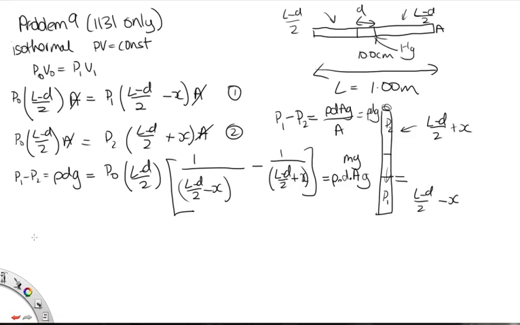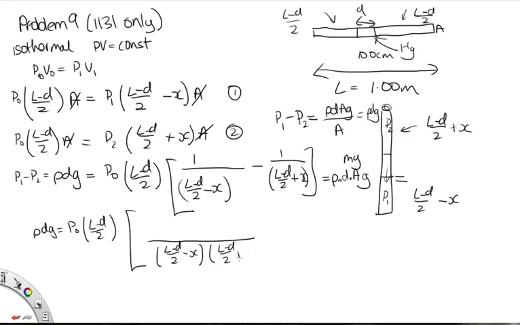Okay, so we've got rho dg is equal to P0 L minus D over 2. Now we want to solve this. Let's put a common denominator, L minus D over 2 minus X, L minus D over 2 plus X, and on top, L minus D over 2 plus X minus L minus D over 2, and then plus X because we've got negative, negative.